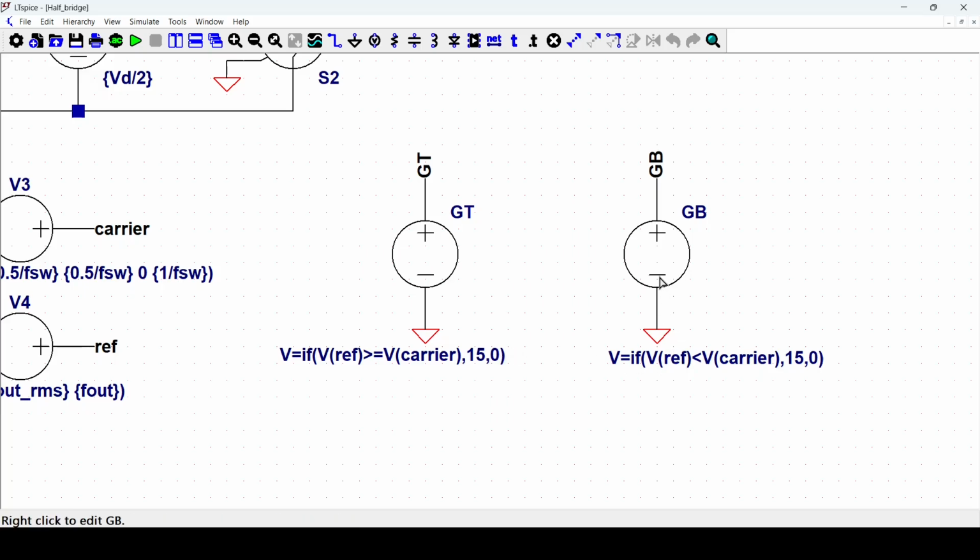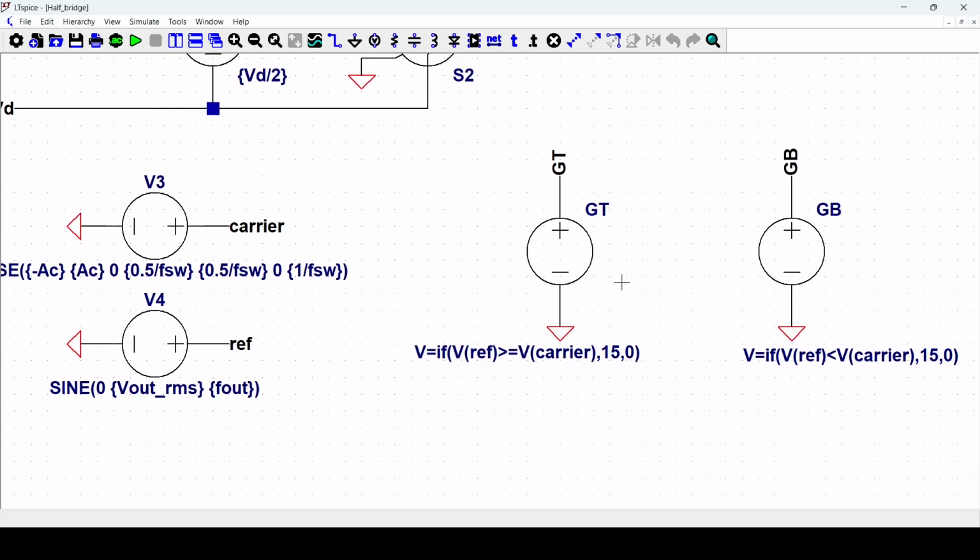And the other one is basically the gate top through a NOT gate. If the reference voltage is less than the carrier voltage, we'll have the bottom switch on, else the bottom switch is off.